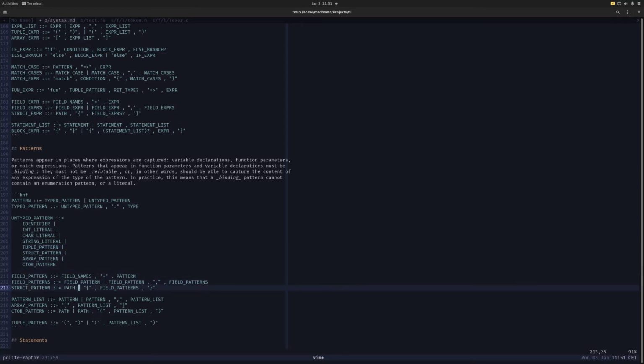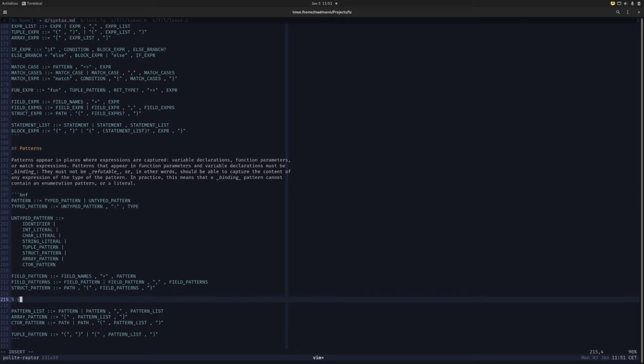And the structure pattern looks like a structure constructor. It's something like this. What this means is if we have a structure that contains the field x is equal to 2, but I can also say if we have a structure of type S and we bind the value of the field x to z, which means that z is a variable that's introduced that now contains the field x of the value that we pass to match.